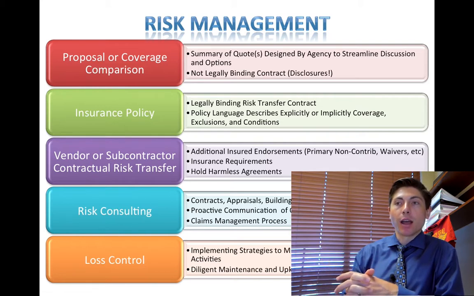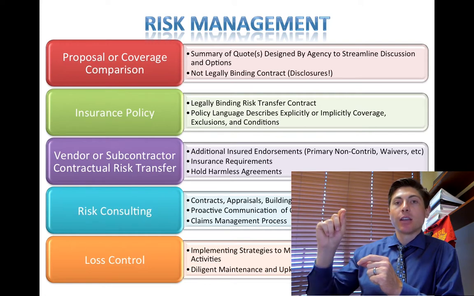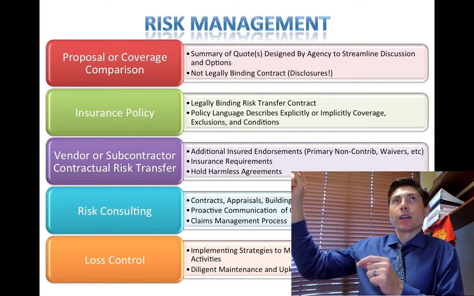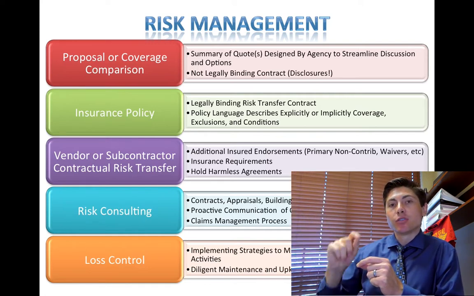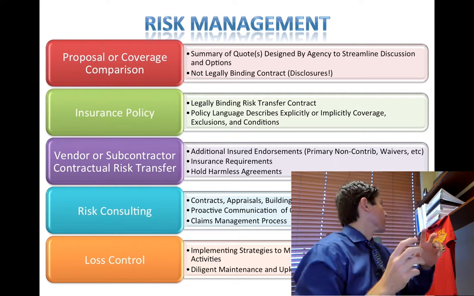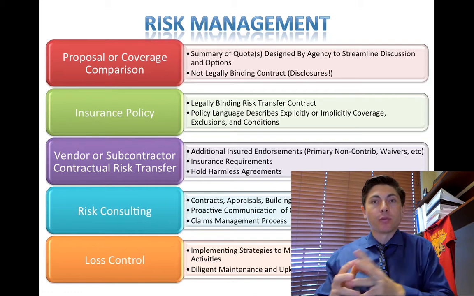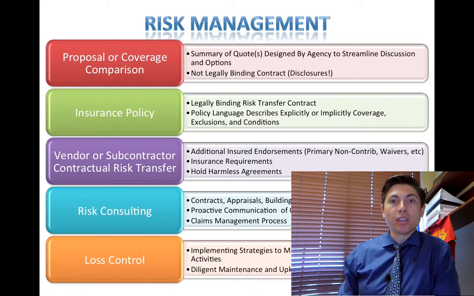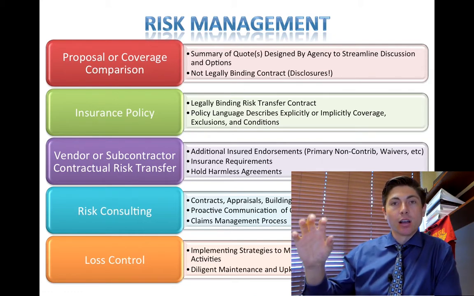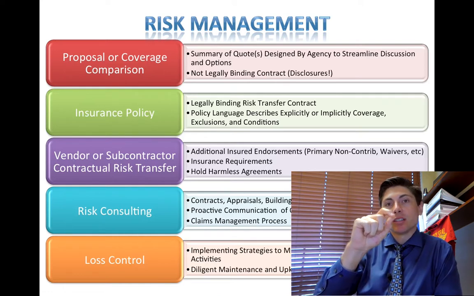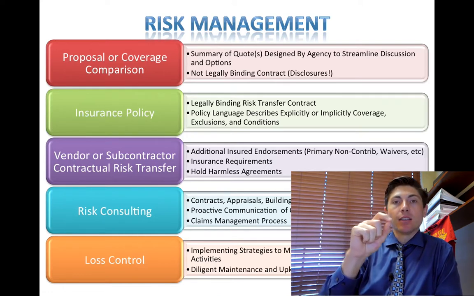The thing that I always point out is the coverage is actually found in exceptions to the exclusion. So you'll see back here I have some review books. I do policy reviews, and what you see in the policies themselves is the coverage is in yellow and the exclusions are in red.